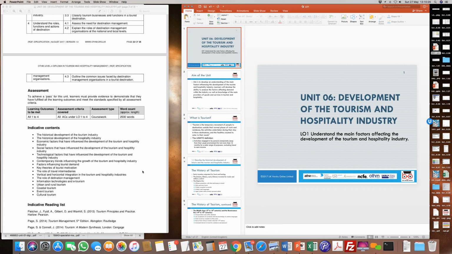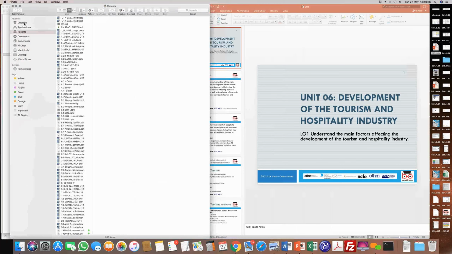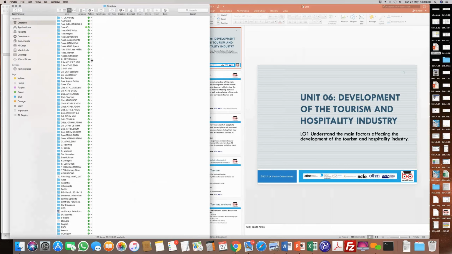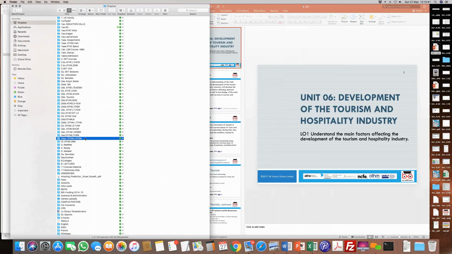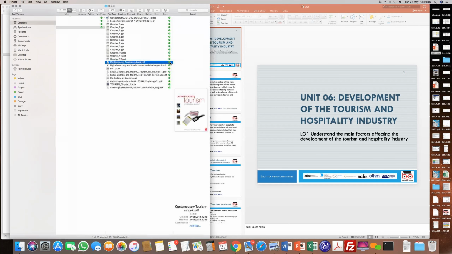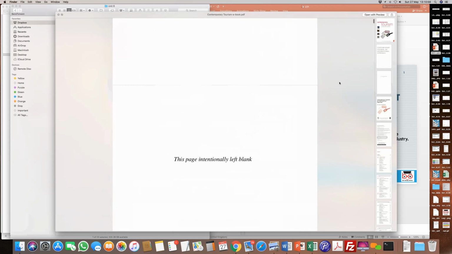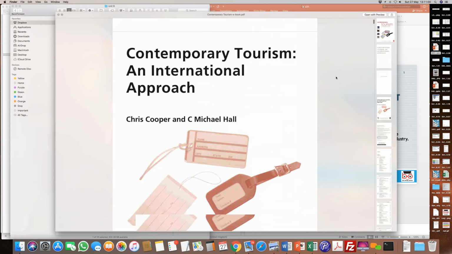We have a book on this, and it is one of the optional units which most universities ask you to pick up to study, if you're looking at specializing in, for example, how contemporary tourism is evolving. This concept then relates to something called ecotourism or e-tourism, and there are various connotations of how contemporary tourism is coming up.